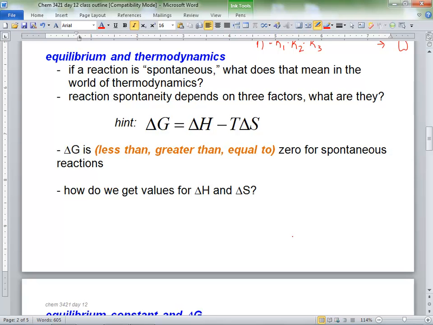Equilibrium and thermodynamics. For a reaction, thermodynamics is big on the spontaneity thing, Victoria. If a reaction is spontaneous, what does that mean in the world of thermodynamics? It could be, but have you had those?